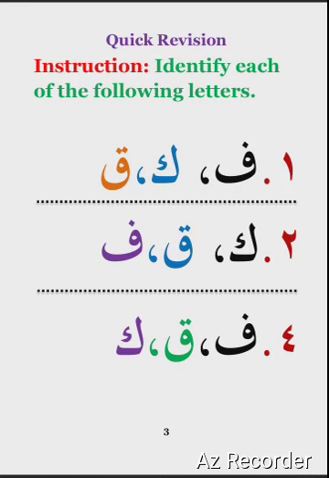However, there is one thing that differentiates Fa'un from Qafun. Fa'un has one dot written on top of it, and Qafun has 2 dots written on top of it. Despite that they share the same shape, the difference lies in the dots. 1 dot for Fa'un and 2 dots for Qafun.